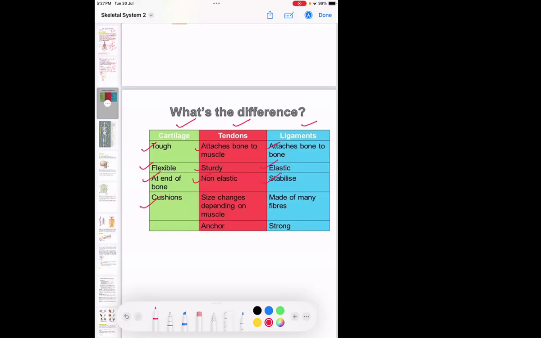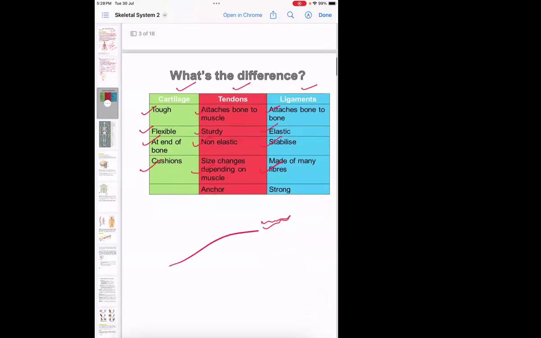Then cartilages are cushion-like structures, soft kind of structures. Whereas with tendons, the size changes depending on the muscle. So depending on what muscle we are talking about, the size of the tendons will change. Whereas ligaments are made up of many fibers. Fibers means small thread-like structures. Suppose this is a muscle.